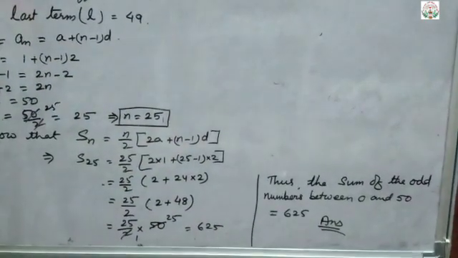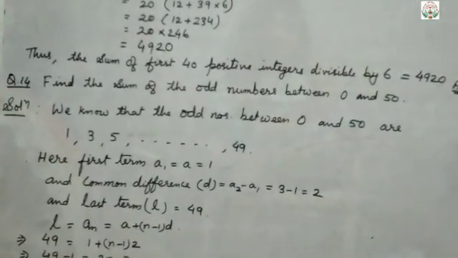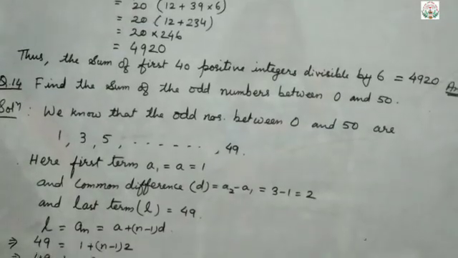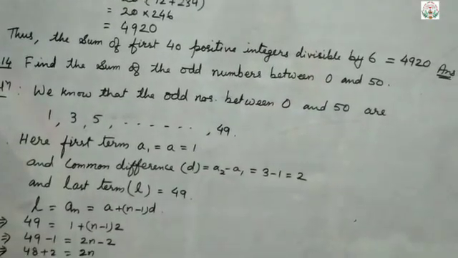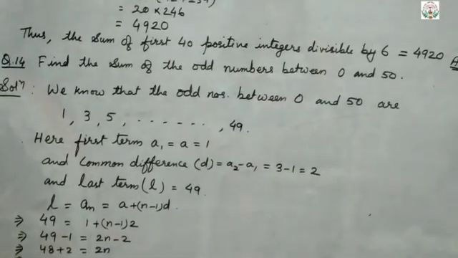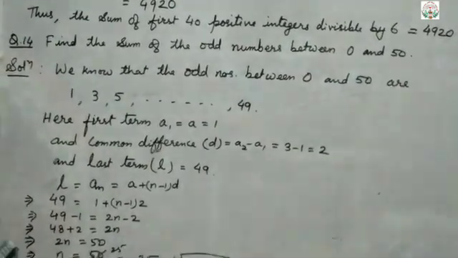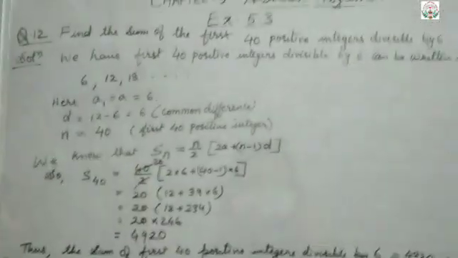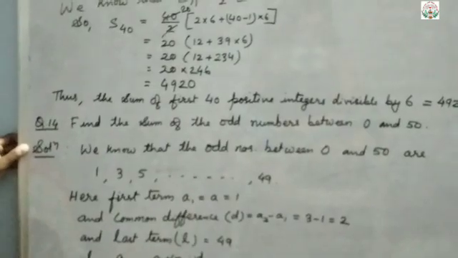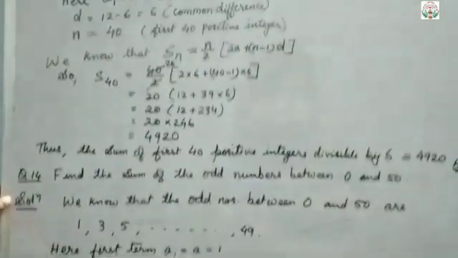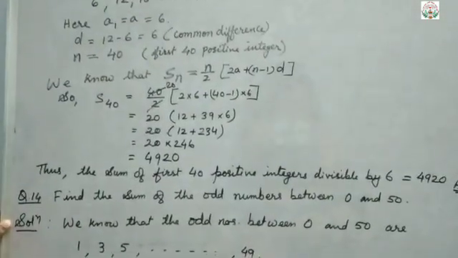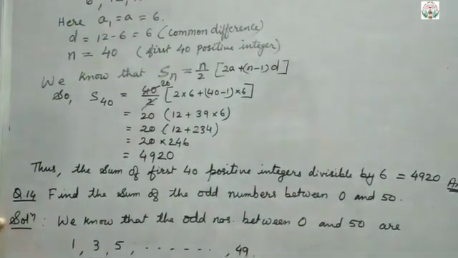Now in between, children, you can see the 12th question, and after that I did the 14th. The 13th one is your homework. Then the 10th second part, the 7th question, the 5th question, and the 9th question.